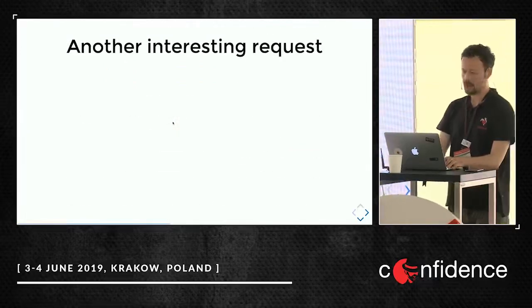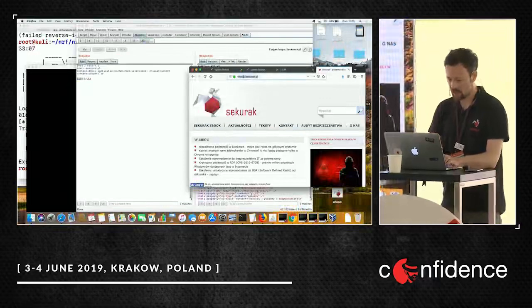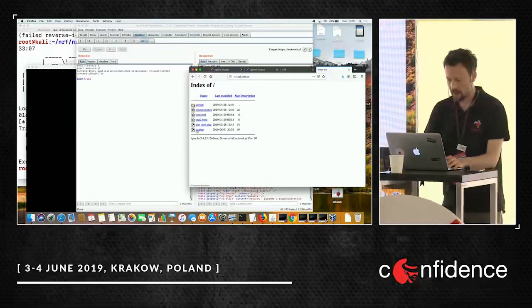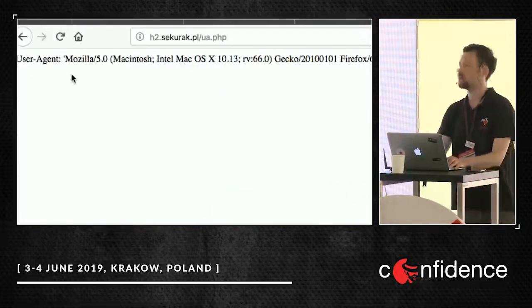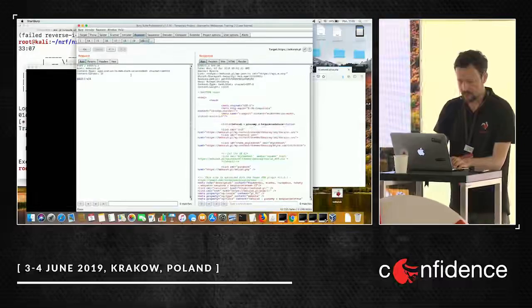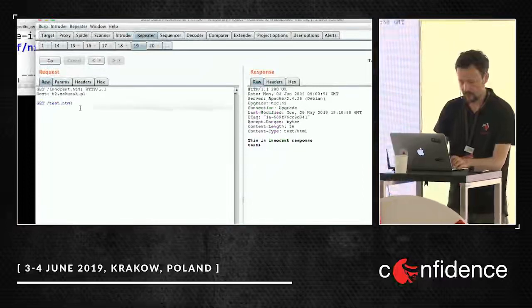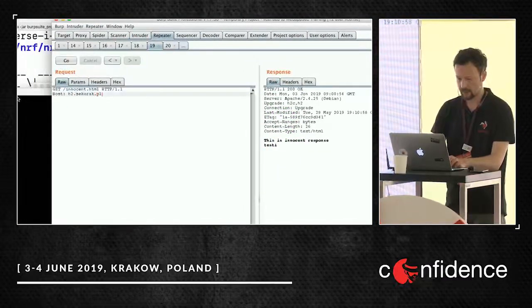Another interesting request, maybe let's try this h2.securac.pl. And we have a little script which displays a user agent, ua.php. So a little riddle for you. Let's go back here. Let's remove this stuff, and I will provide this header.